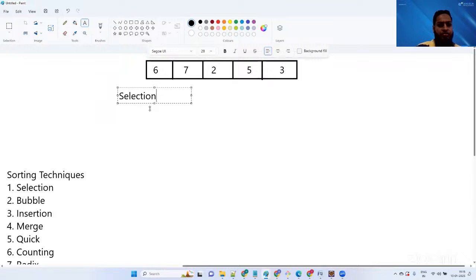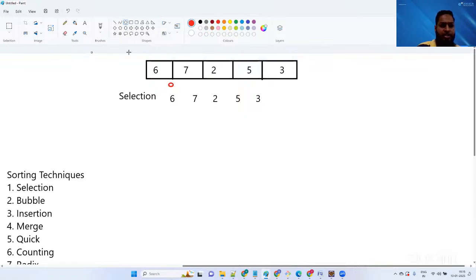So if I have these numbers, I'll write them down. These are my unsorted numbers: 6, 7, 2, 5, 3. I'm in the first iteration. What we have to do is hammer a nail at the first unsorted element.